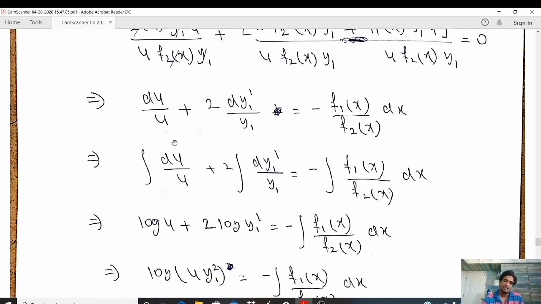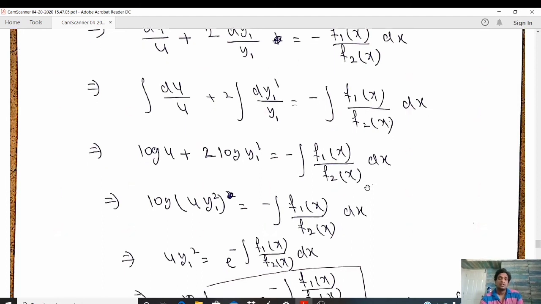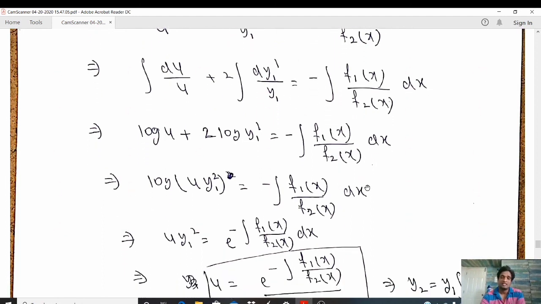So if I integrate this, integration du by u plus 2 dy1 dash by y1 is equal to minus integration f1 by f2 dx. See here, du by u means log u, plus 2 dy1 dash by y1 means 2 log y1 dash, minus integration of this value, which we don't know, so directly writing it as it is.